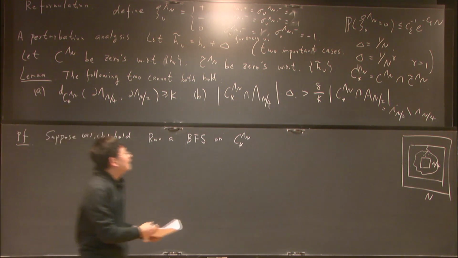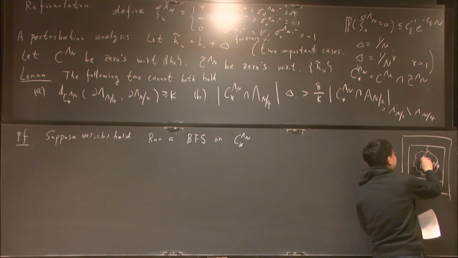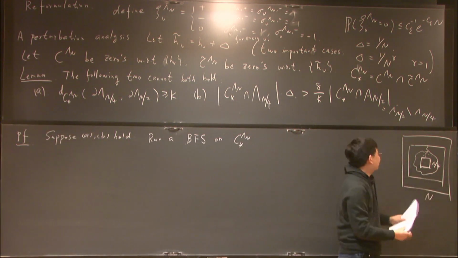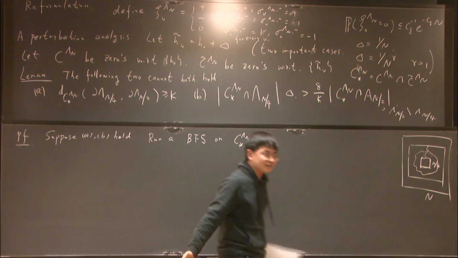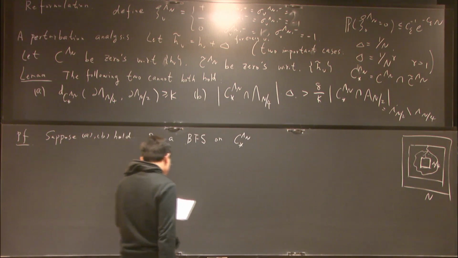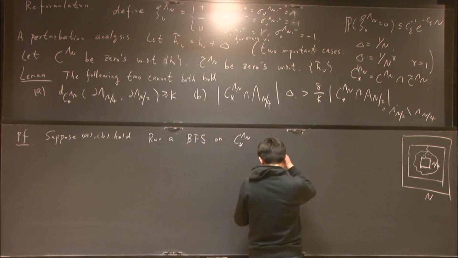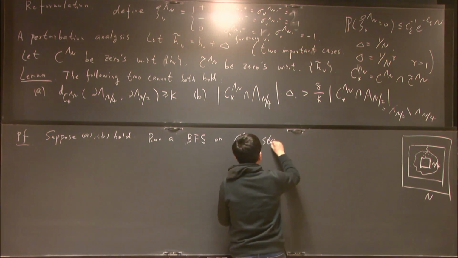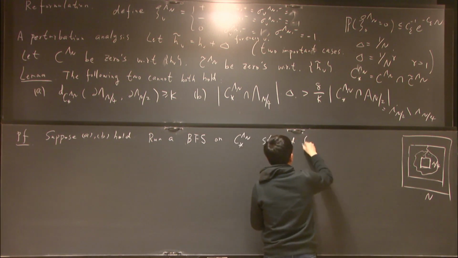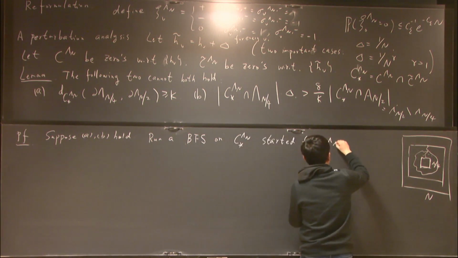Starting from, well, you could start from the origin, but in this case, I want to start from the boundary here, because that's the two things I'm considering. I'm just doing the exploration process, started from lambda n over 4.